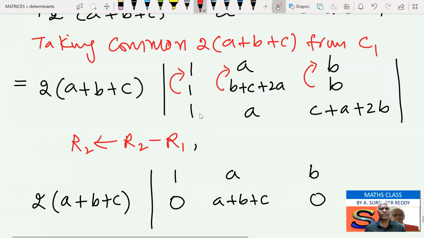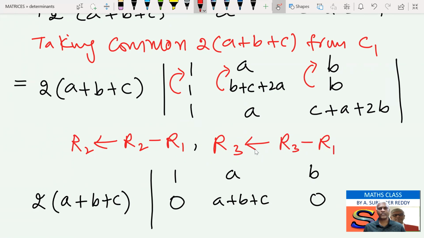Next, R3 also I am changing: R3 minus R1. R3 లో నుండి R1 తీసేసి దీన్ని కూడా మనం మార్చి రాస్తున్నాం.